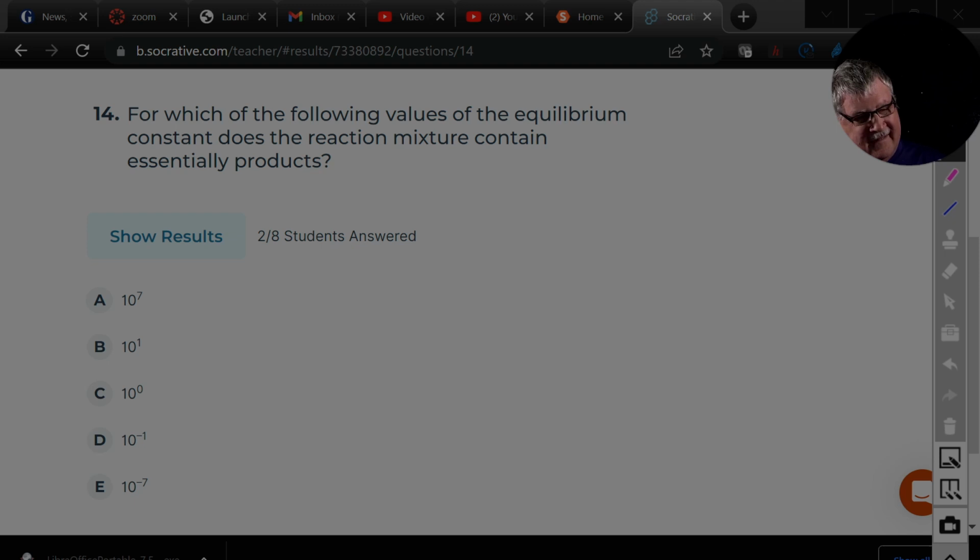What do you think? If products are favored, large or small equilibrium constant? Anybody want to stick their neck out for that one?